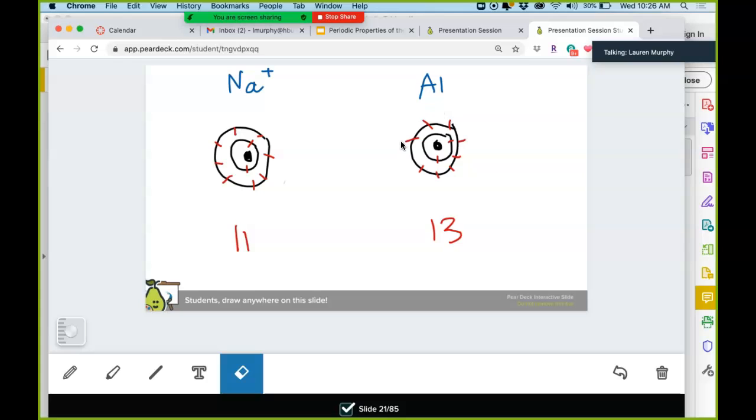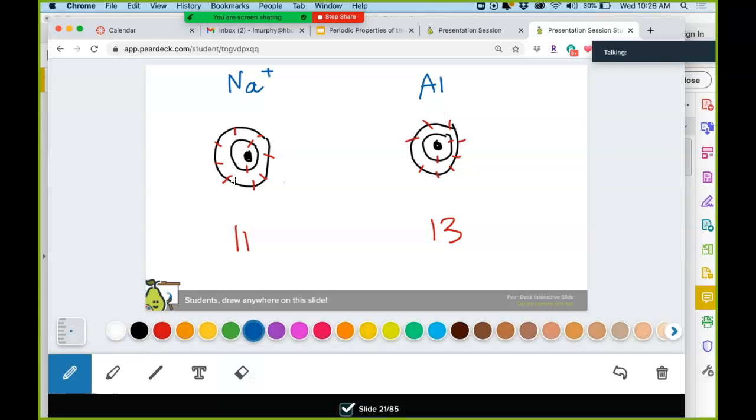And you go, uh-oh, they have the same exact number of electrons. They both have 2 rings of electrons now. They both lost their outer shell. And so one would think, oops, this is aluminum 3+ now.